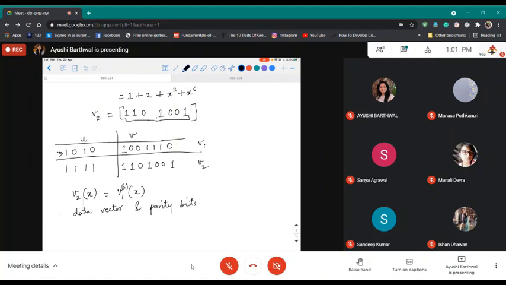So data vector and parity bits are inseparable, and since they are inseparable, we call such codes non-systematic cyclic codes. So whenever we use this method to generate our code vector, we obtain non-systematic cyclic codes.